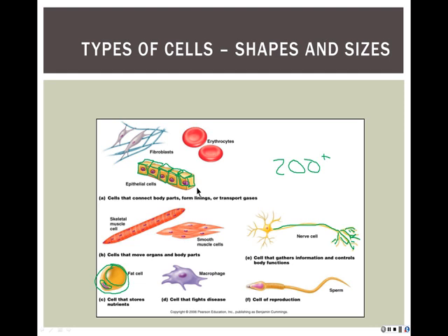You can line structures on your body with little boxy cube cells. Sometimes they excrete substances like sweat or oil, or sometimes they line the outside and inside of structures for protection, and all kinds of different kinds of cells.